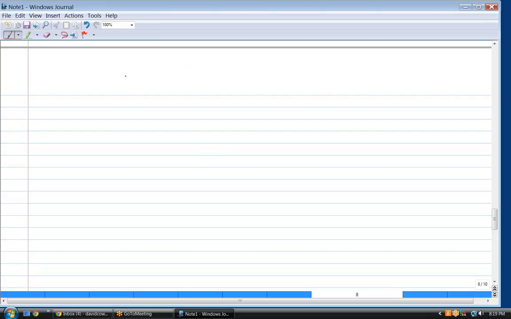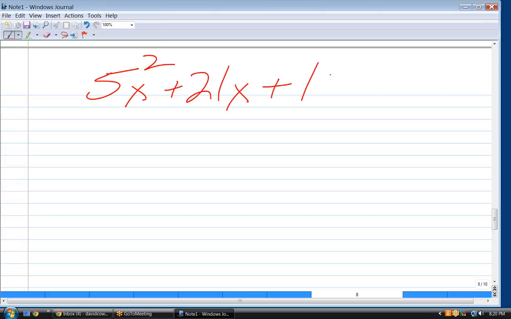Okay, 5x squared plus 21x. I didn't catch the middle term. Plus 21x plus 18. Any greatest common factor? No. Okay.